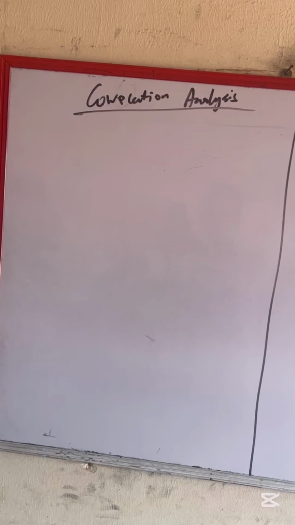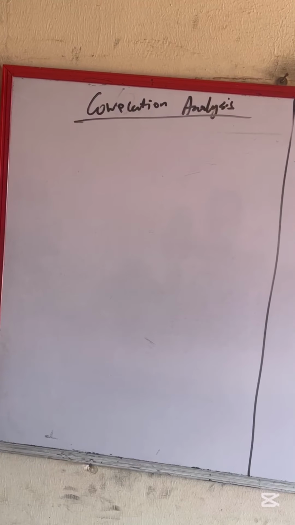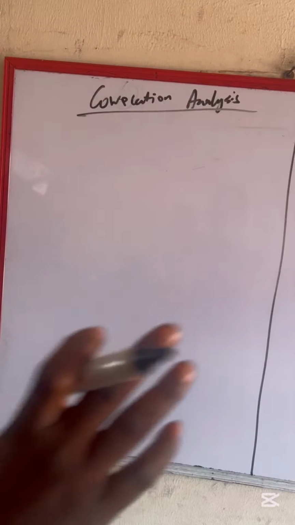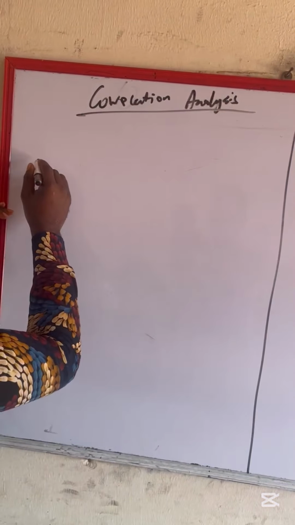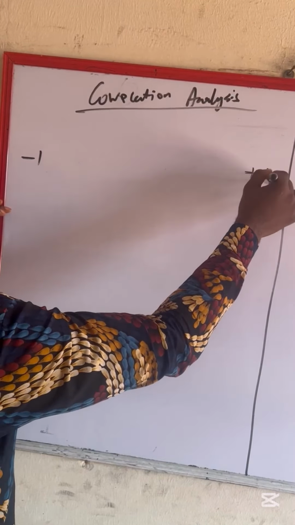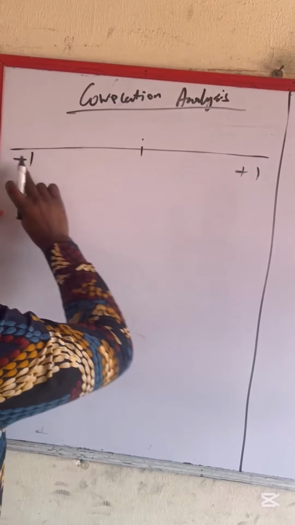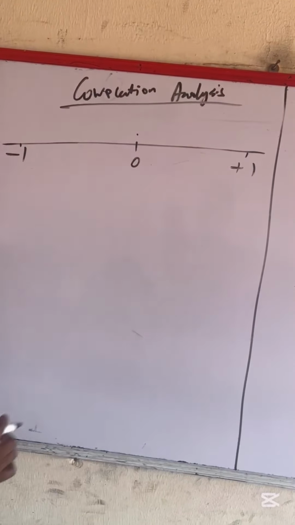So, correlation analysis doesn't actually take cognizance of dependent and independent variables. It's just something that shows the relationship between two variables. And the values you are expected to get range from -1 through 0 to +1.